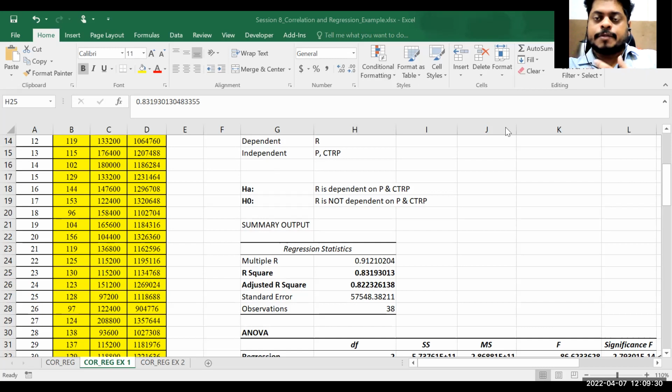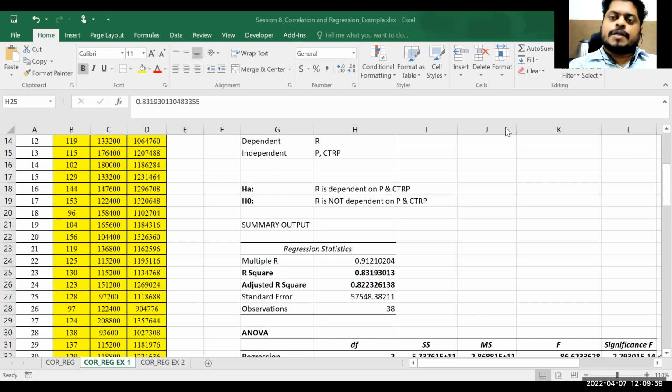So the explainability of my model is such that 90% of the time I'm able to explain why an employee is going to leave the company. Obviously, it cannot be 100%, because there will be certain factors which you have not taken into your model. So R square cannot become one. One means perfect, that you know why a person is leaving and all the components are taken care of, which is not possible.